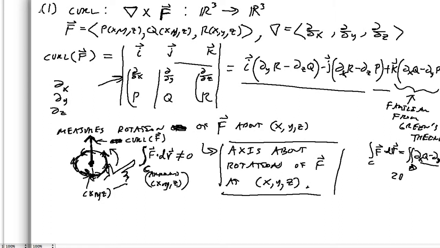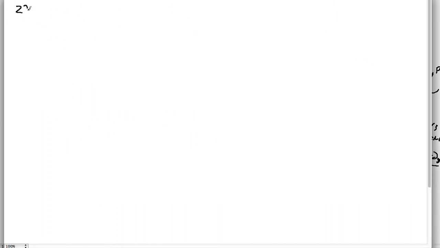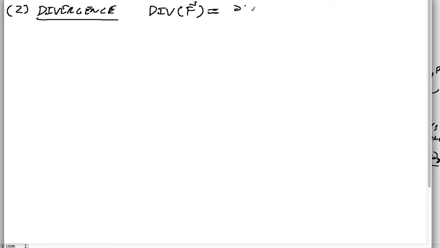So now let's talk about the divergence. Divergence, we often call this div of our vector field, and it will simply be the sum of the partial of p with respect to x plus the partial of q with respect to y plus the partial of r with respect to z.